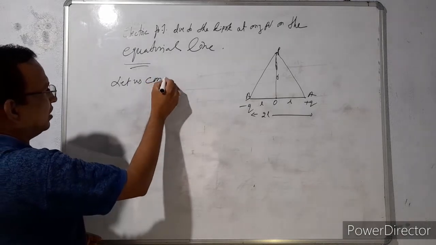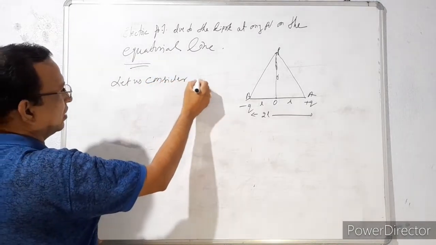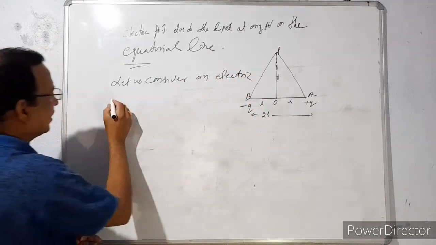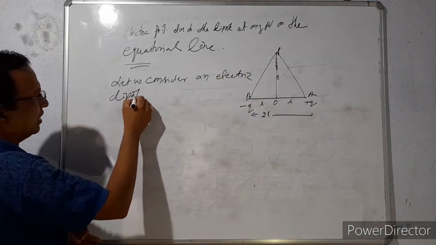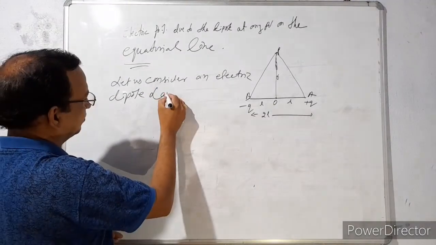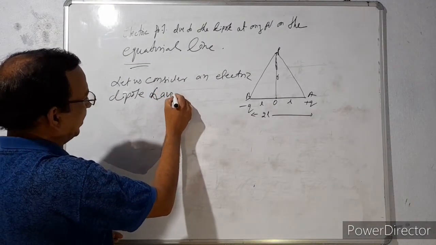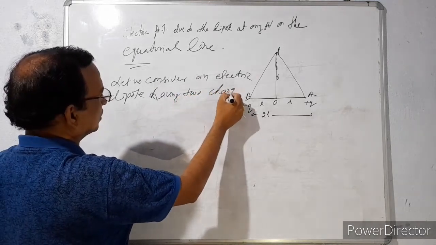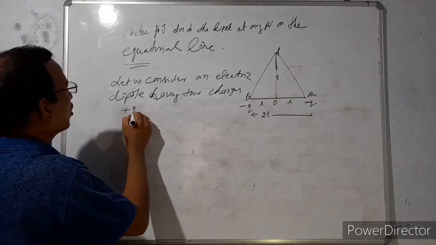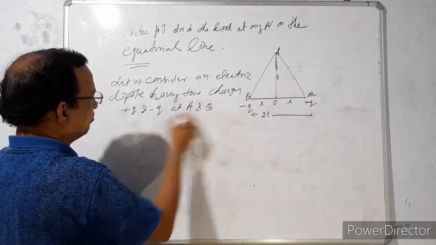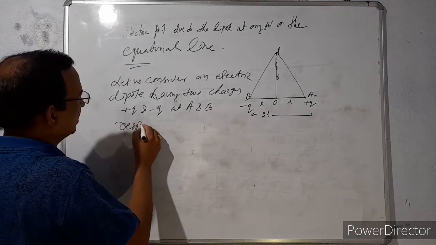Let us consider an electric dipole having two charges plus Q and minus Q at A and B respectively.